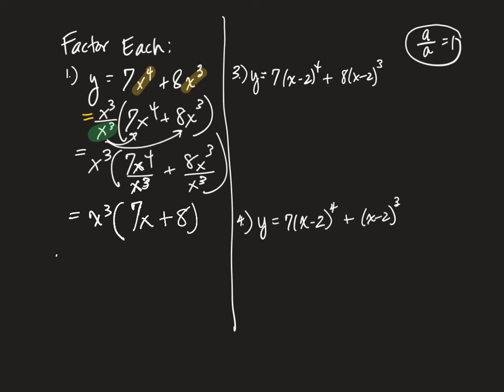So if I do that, the same thing with y equals 7x to the 4th plus x cubed, same strategy, multiply by x cubed over x cubed, the common factor, and then just distribute the denominator.